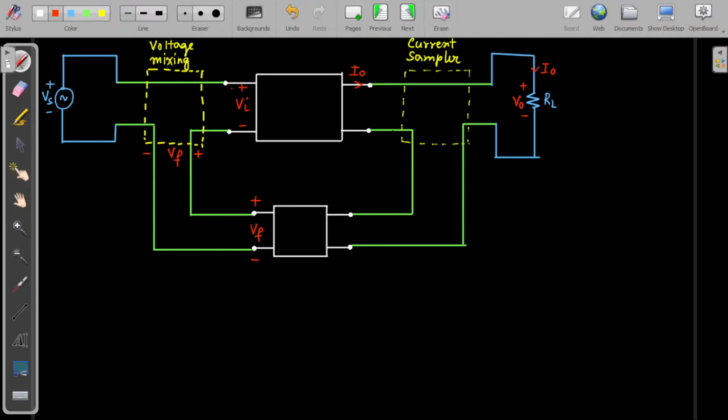Okay. So now we can denote the input resistance and the output resistance. So if we denote the input resistance and the output resistance, so what will be the input resistance, output resistance?